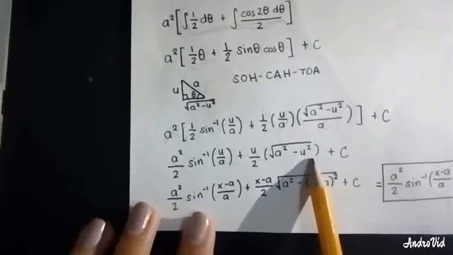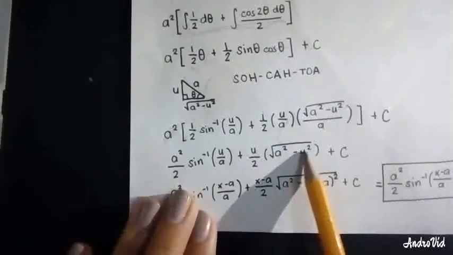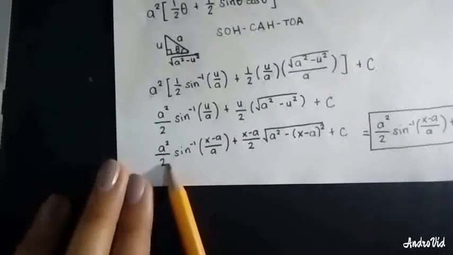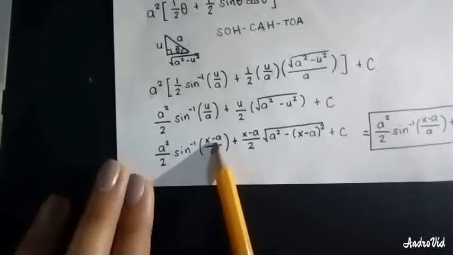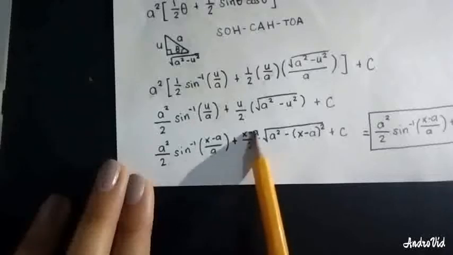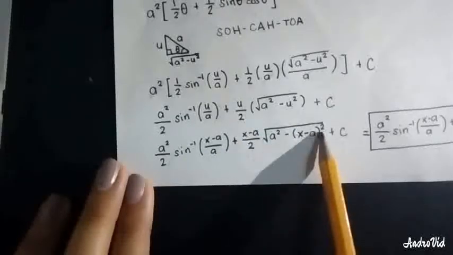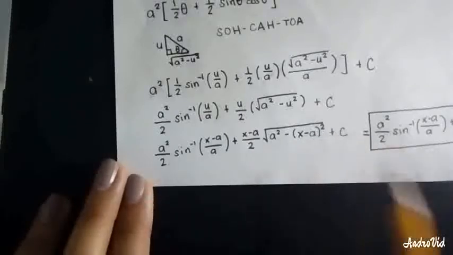Next thing is we're going to undo the u substitution. As we know that u is equal to x minus a, you would then get a squared over 2 sine inverse of (x minus a) over a, plus (x minus a) over 2 times the square root of a squared minus (x minus a) squared, plus c.